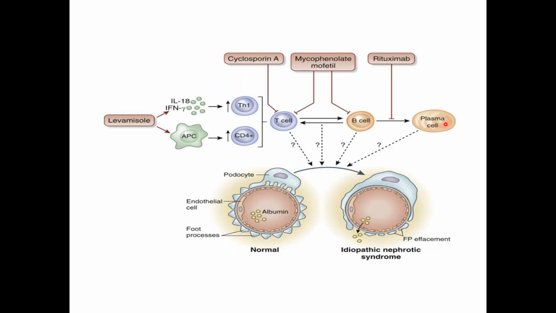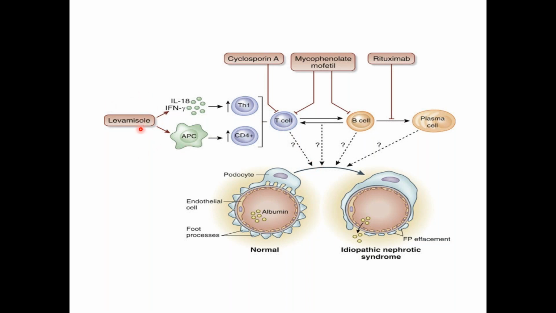Now, this is just a diagram which is showing the various areas at which most of these drugs are acting. Now, if you talk about prednisolone, it is a pan-immunosuppressant. It acts at all the cycles of T lymphocyte growth. Whereas in drugs like cyclosporine, you can see it affects primarily the release of IL-2 by the T lymphocyte.